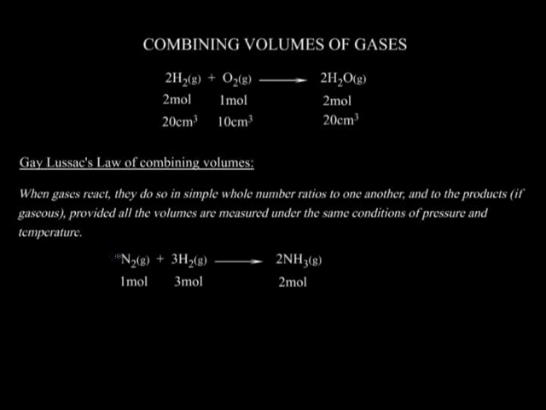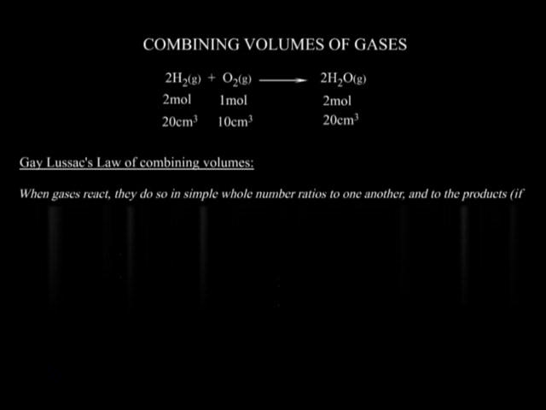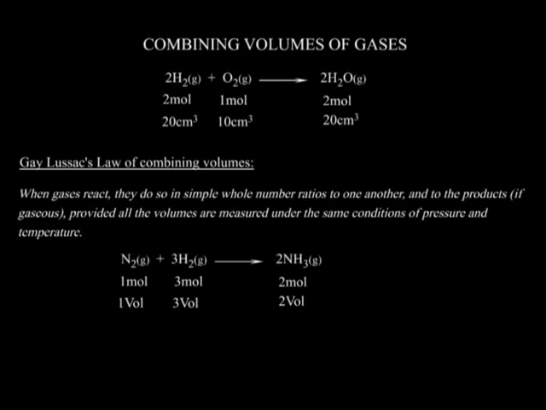Extrapolated to volumes, it means that 1 volume of nitrogen combines with 3 volumes of hydrogen to yield 2 volumes of ammonia. If we put figures, it would mean that 5 milliliters of nitrogen gas will combine with 15 milliliters of hydrogen gas to yield 10 milliliters of ammonia gas.